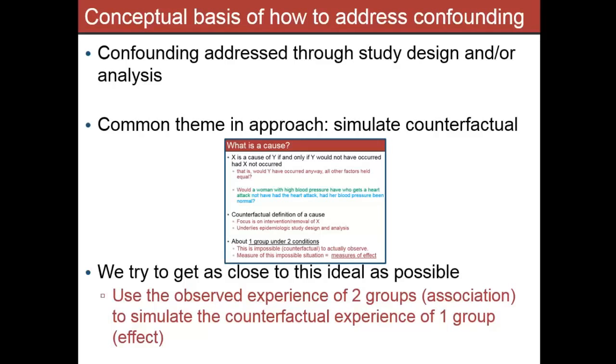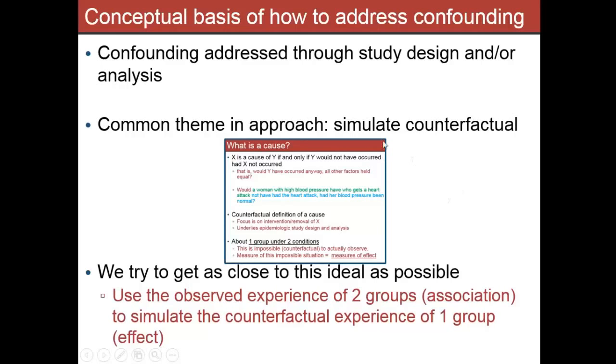We level the playing field in every other way on all the other factors that we could count and enumerate and measure, or if we randomize, we don't even bother with that. The idea is that we're trying to level the playing field so that we can look at the exposed and unexposed in a fair way. And the way we do that is through a whole toolbox of things.